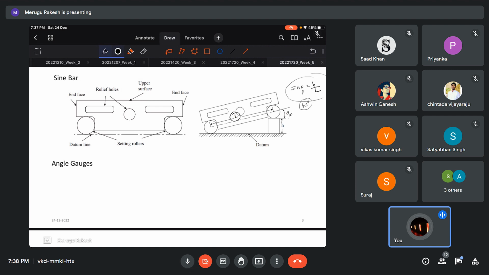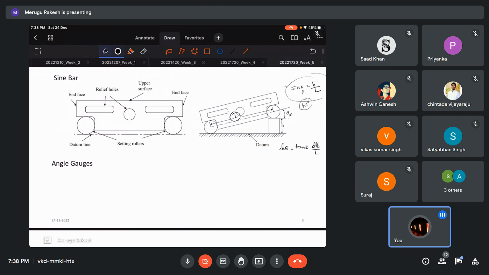If you are interested in how this 45 value is coming, you can just differentiate this sine theta with respect to theta as well as the other parameters which are variables, and you can finally derive one nice equation, which ends up like this: d theta, that is the error in value, will be tan theta into dh by l, minus I think dl by l.